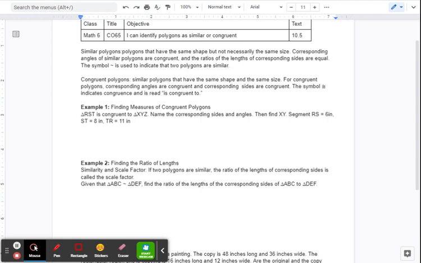Just looking at the name of our triangles will tell us. Where is S in our name? It's in the middle. RST. So look at XYZ, the one in the middle is going to be congruent with it.